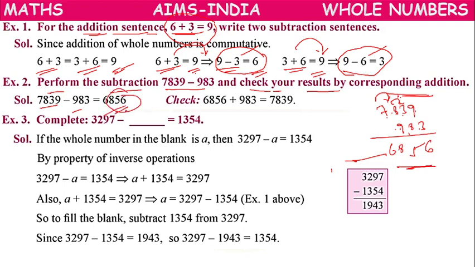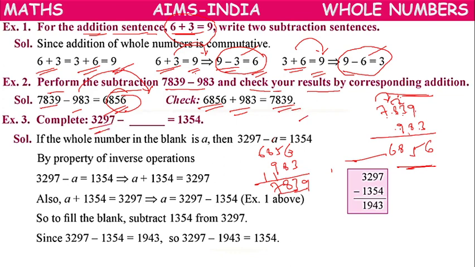This is subtraction. So we have to write in terms of addition. For 6856, if minus 983 comes this side, plus 983. So 6856 plus 983. 6 plus 3, 9. 5 plus 8, 13. 8 plus 9, 17 plus 1, 18. 6 plus 1, 7. 7839. So same. This is the subtraction fact, this is the addition fact. So both are inverse to each other.